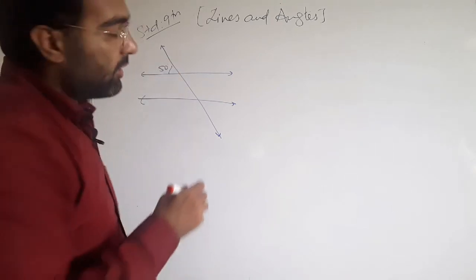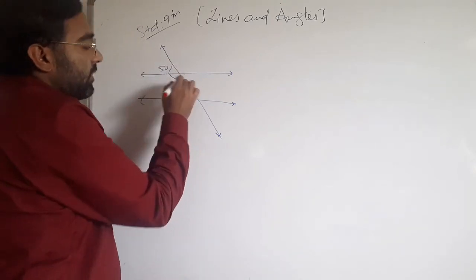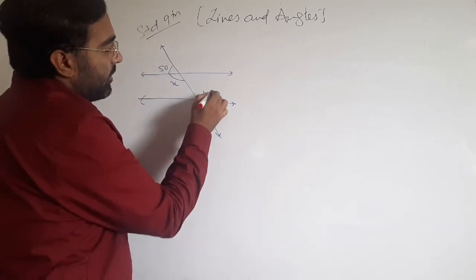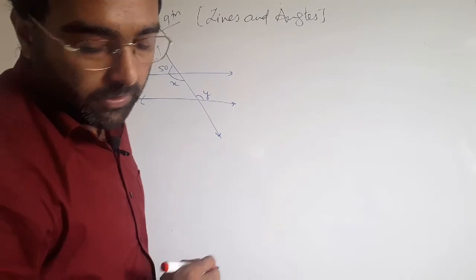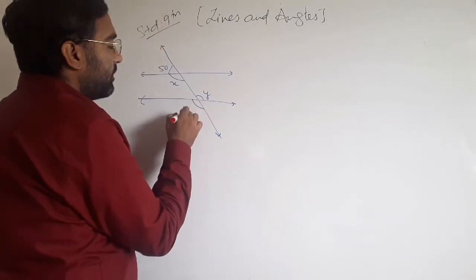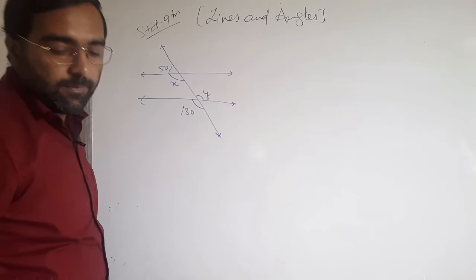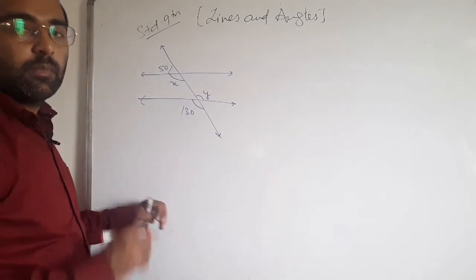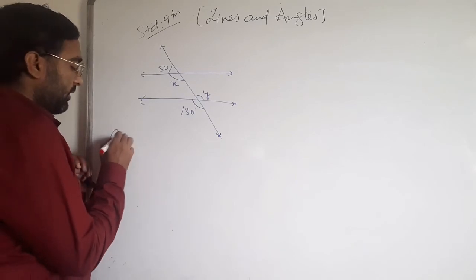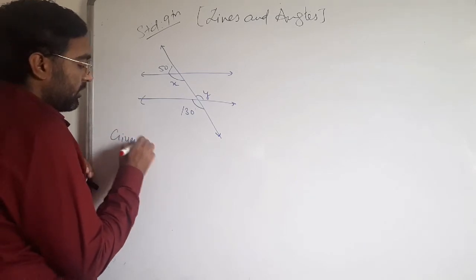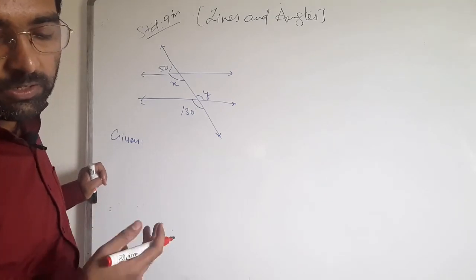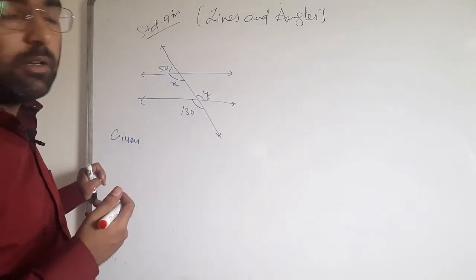Second, angle x is given, angle y is given here, and angle 130 degrees is given here. So find the values of x and y. In the given, there is nothing particular stated.